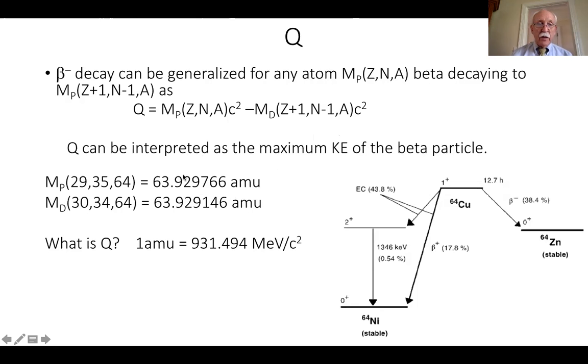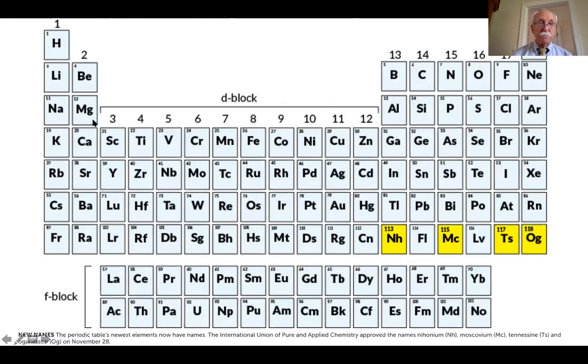So let's take a look here and take our copper 64, if you would, calculate the Q, and you can convert from AMU to MeV with this simple rule. So we'll pause here while you do that calculation. And we will pick up with this later on.